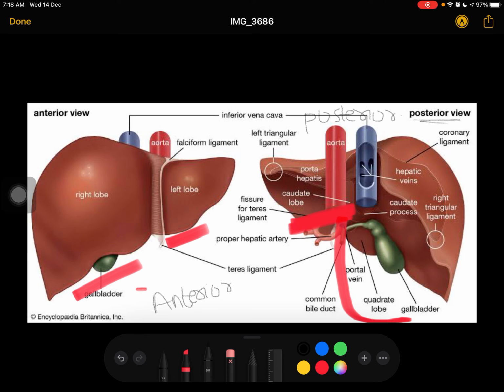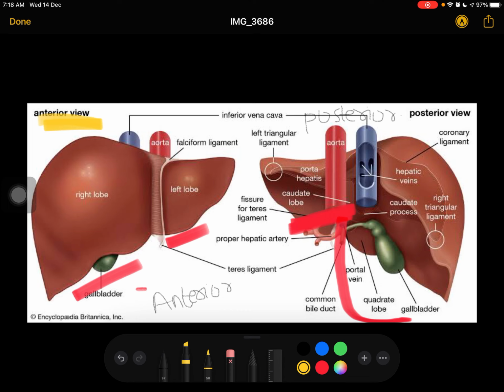This is the posterior view, it is written over here too. And over here we are having the anterior view, right?